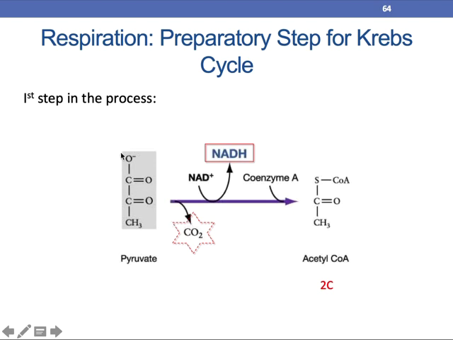You would have CO2, so the carbon and 2 oxygen atoms would then be taken away. That's CO2. You have NAD plus that will be converted into NADH, and you have coenzyme A that will then come and bind to the rest of the molecule that is left. So you end up with acetyl-CoA, which is a 2-carbon compound. So you have your first carbon dioxide produced here, in the preparatory stage.